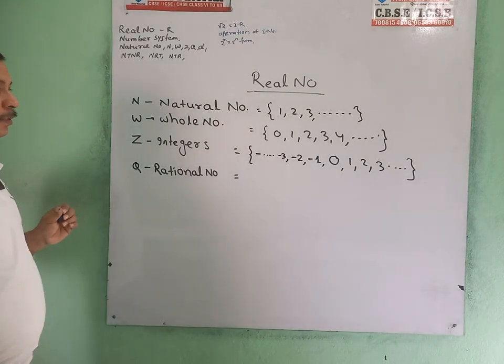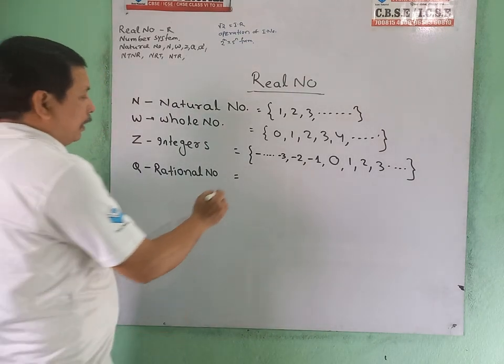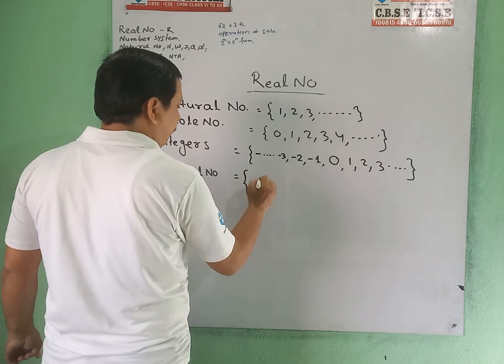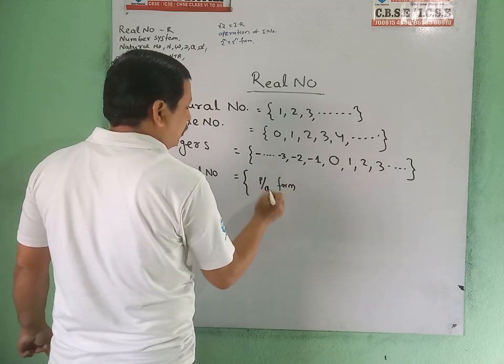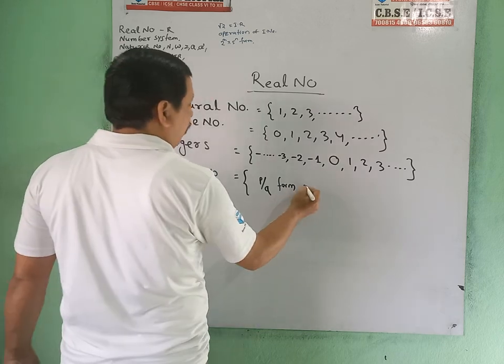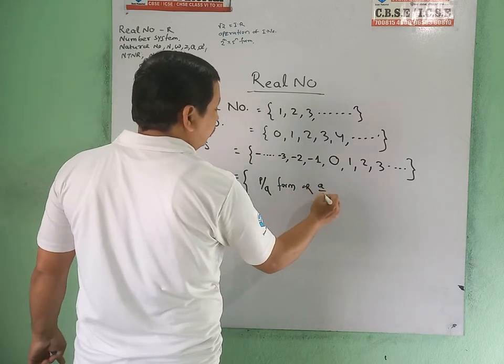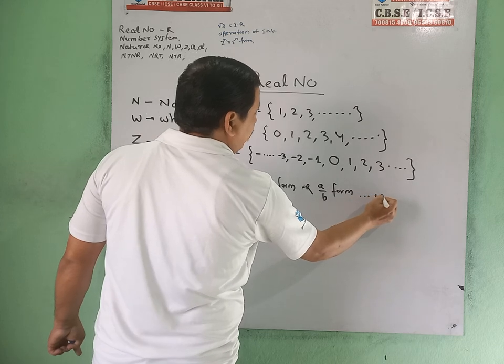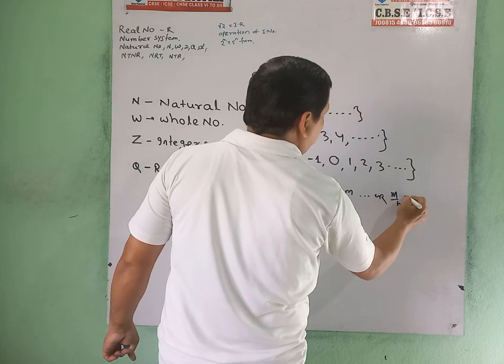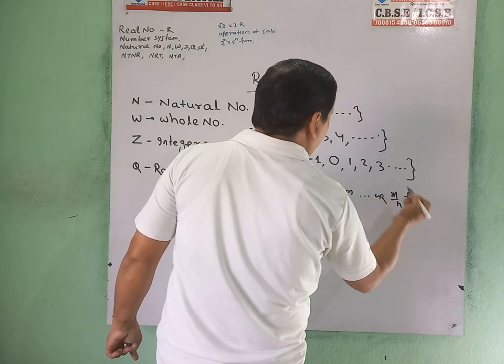Rational number, that is a p by q form. Or you can write a by b form, or m by n form. Anything you write will do.